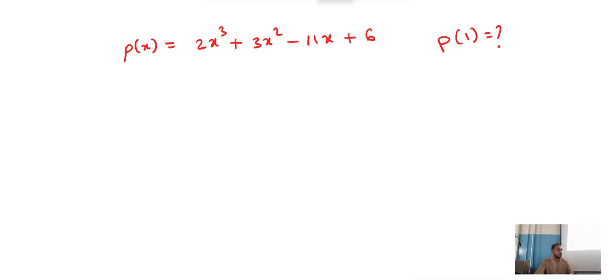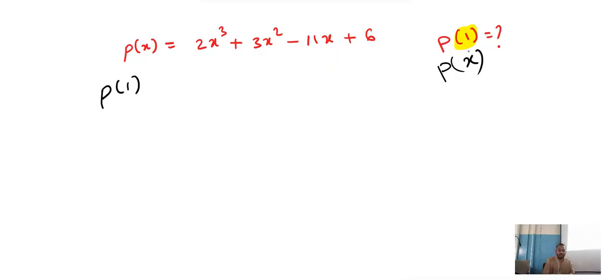See here, children. Now p of x they have given. Now they are asking p of 1. As you can see, here in place of x, we have 1. Correct? Yes or no? In the place of x, what is there? 1. So here what we should do?